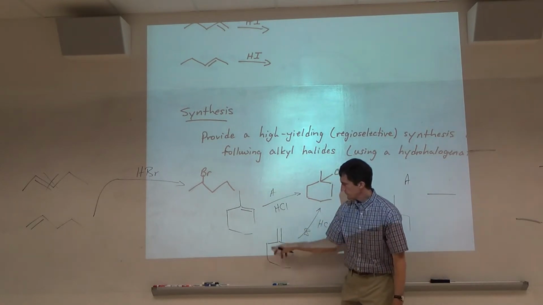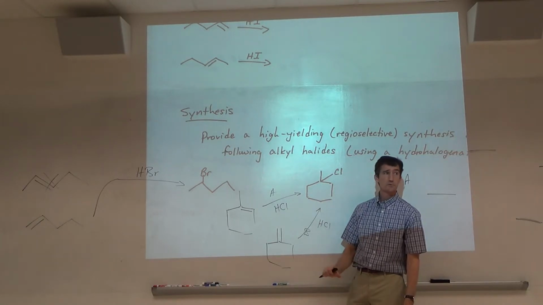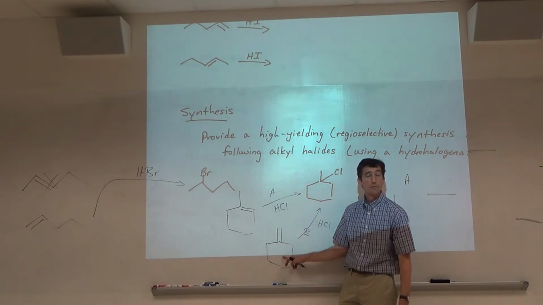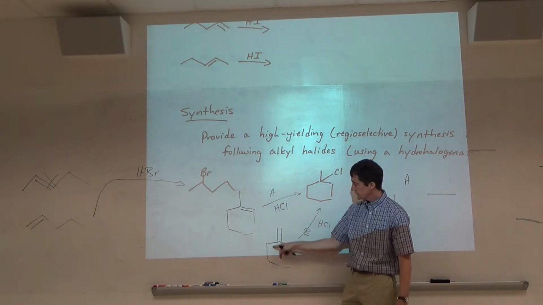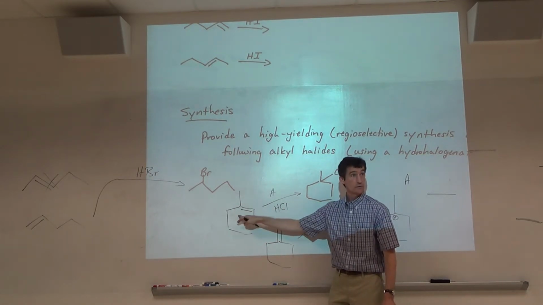Which one's more stable? Yesterday was only 24 hours ago. Which one's more stable? The one with the double bond having three substituents, or the one with the double bond having only two substituents? It's more stable. It's more substituted.